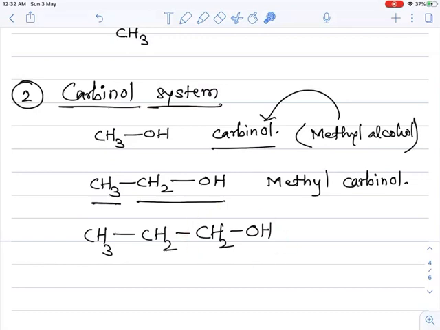What is the name of this alcohol according to the carbinol system? Carbinol means a one carbon containing alcohol, a derivative of methyl alcohol, and these are called alkyl carbinols. In this third example, this is the carbinol carbon, to which a 2 carbon containing alkyl group is attached. What's the name of this 2 carbon alkyl group? Very good, it is ethyl. So according to the carbinol system, its name is ethyl carbinol.